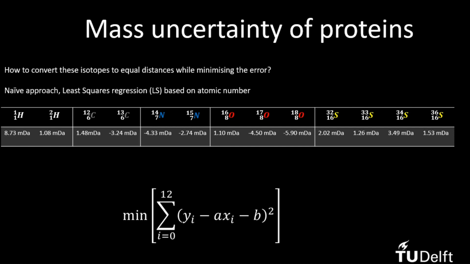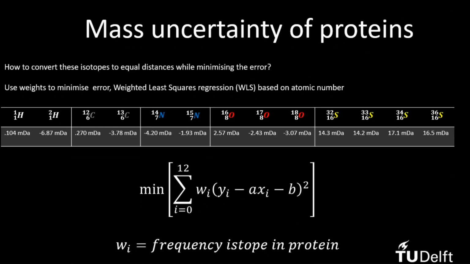A little bit smarter approach is to use a weighted least squares. This weighted least squares allows you to indicate how often a certain element type appears inside of your protein. When you indicate how often this element will appear in your protein, you give it a higher weight, as of course the error is added. Now, you do this for each isotope, so what you basically do is you take the abundance of the isotope relative to the element, and then you multiply that with the abundance of the element inside of your protein.